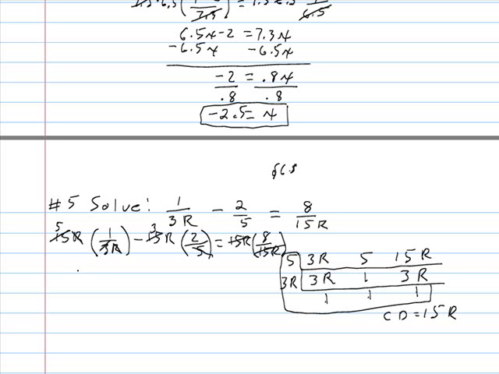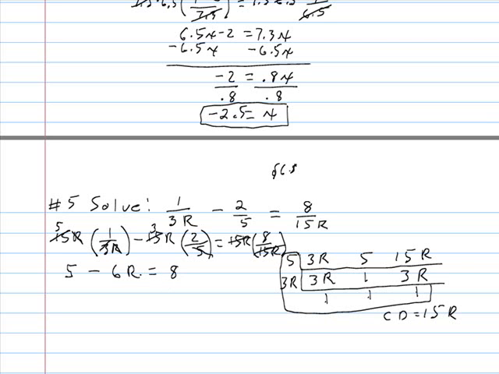So I end up with everything here is canceled except the 5. Everything here is canceled except the 3 times r times 2, so I say minus 6r. And over here, everything canceled except the 8. Wow! Did that simplify the process?